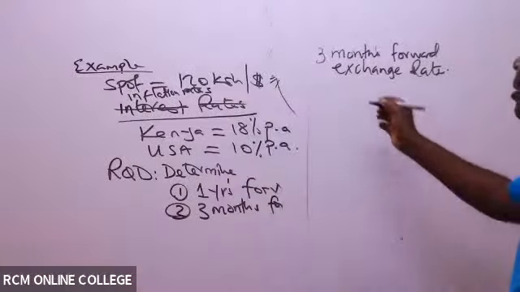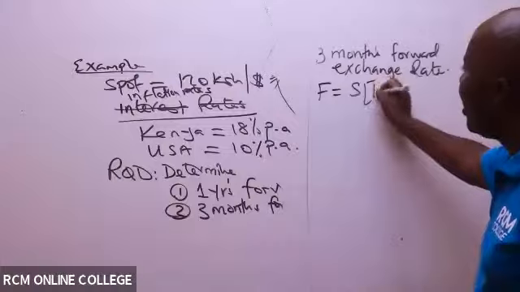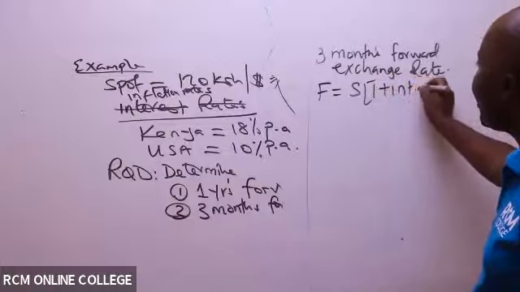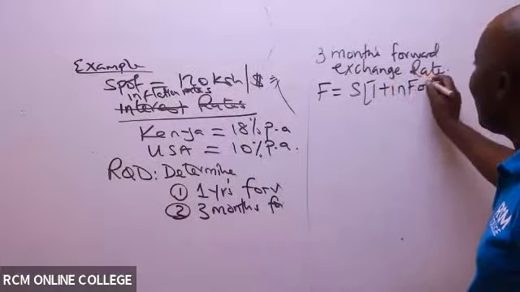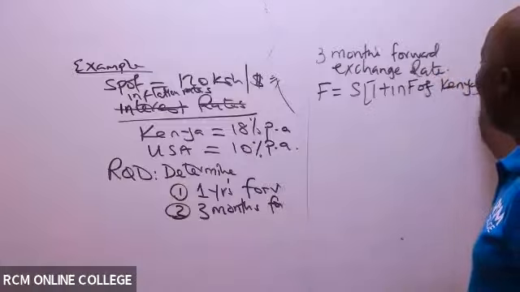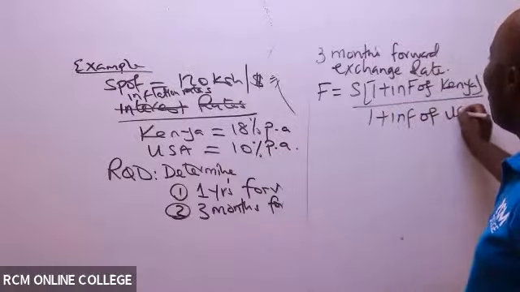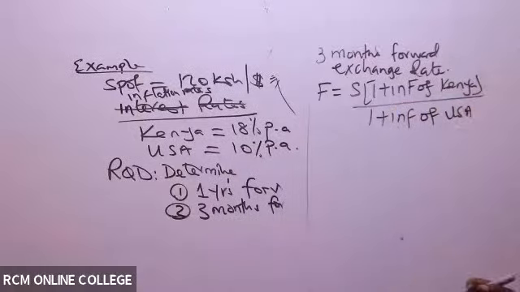The same thing. Start by writing the formula. F is spot into 1 plus interest, not interest but inflation, of Kenya, all over 1 plus inflation of USA.